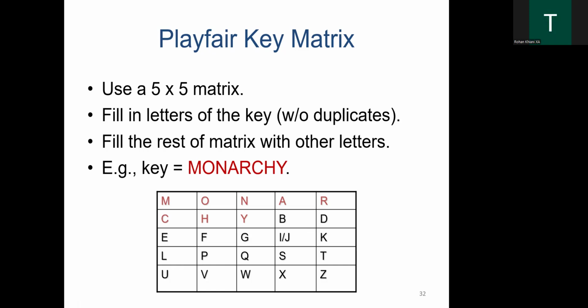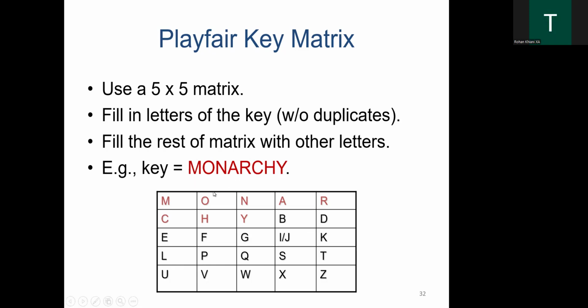This key matrix uses a 5 by 5 matrix. So we have to make a 5 by 5 table and fill the values with the letters of the key without any duplicates in this matrix. And after filling these letters of the key, we have to fill the rest of the matrix with all other letters of the alphabet series.